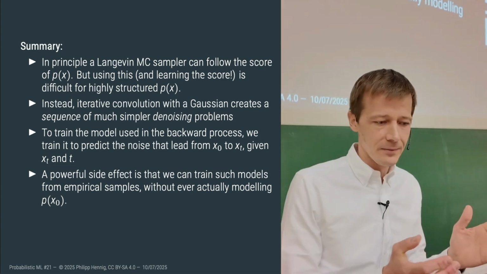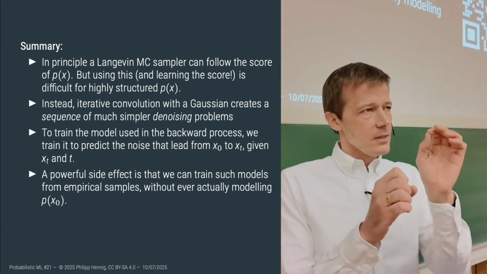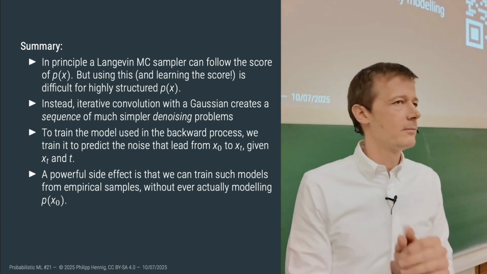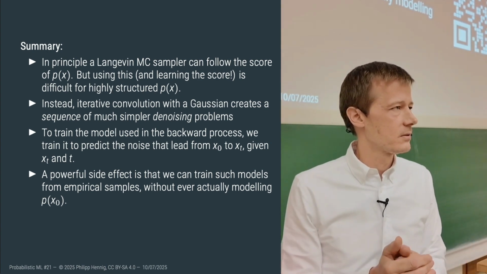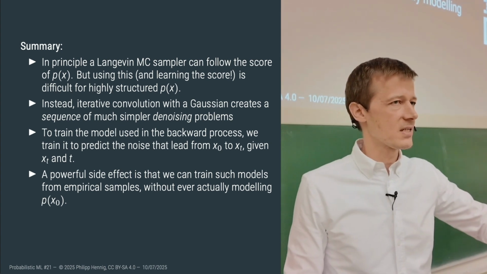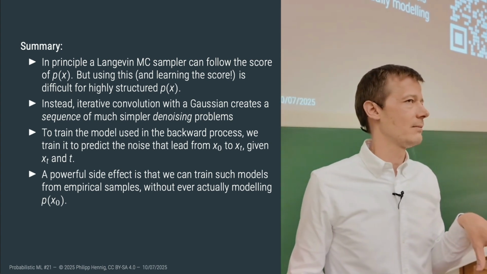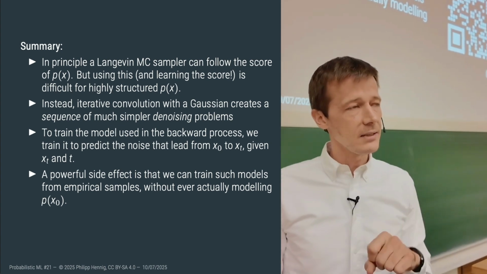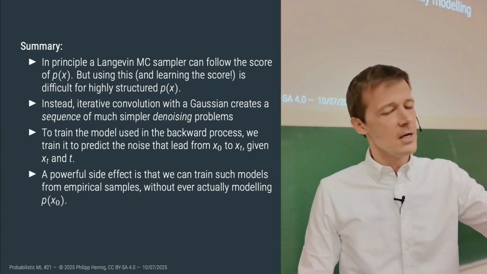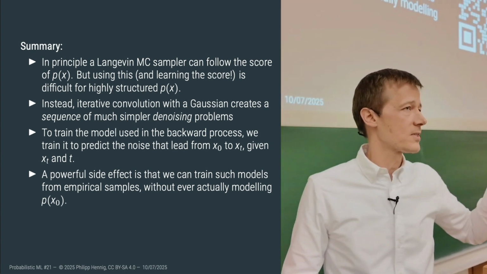So here's the summary. We got towards this idea by starting out from Monte Carlo methods, which I introduced on Tuesday, noticing that sampling from a distribution is hard when it has a complicated geometric shape. So there's a really cool idea that says, let's take a sample from a distribution, add a little bit of noise to it, then it'll come from a distribution that's easier to sample from.